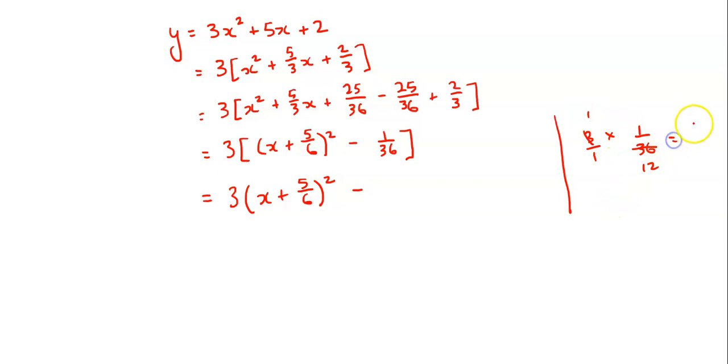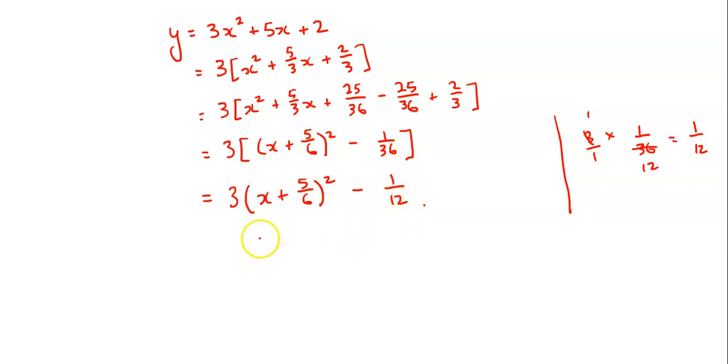So we get here 1 over 12. And this will be our answer. So the answer to completing the square for y is equal to 3x squared plus 5x plus 2 is 3 open brackets, x plus 5 over 6 close brackets, all squared, minus 1 over 12.